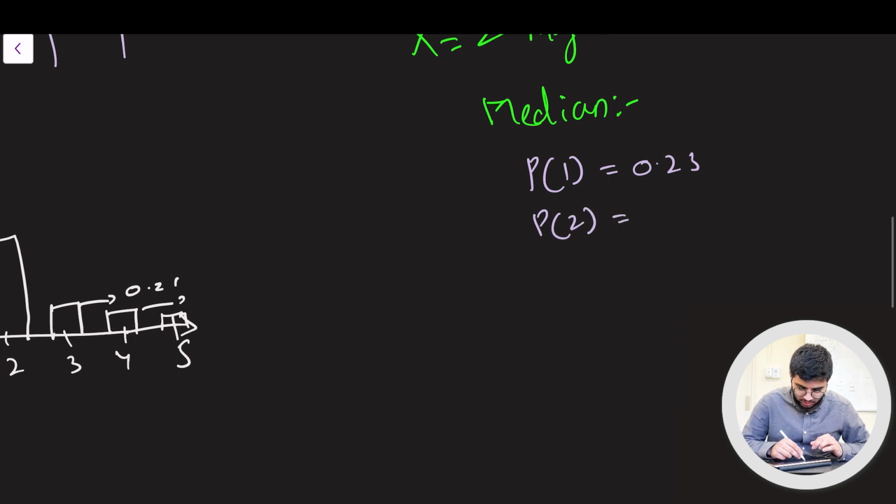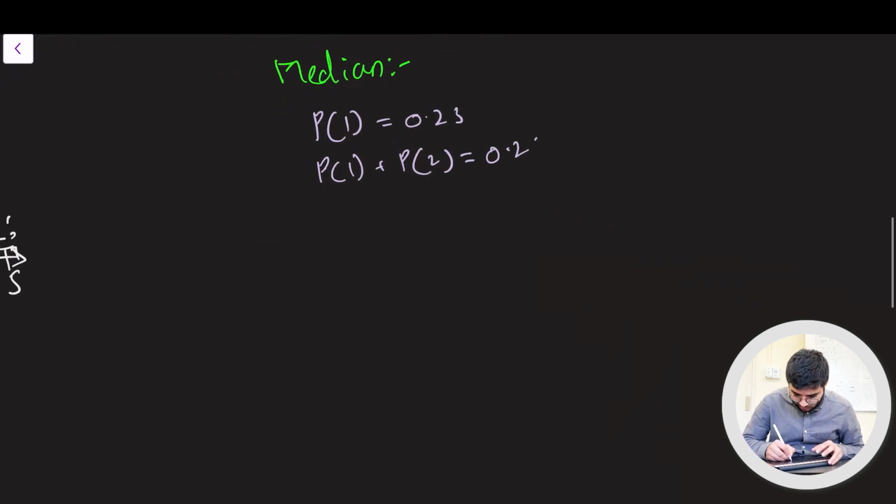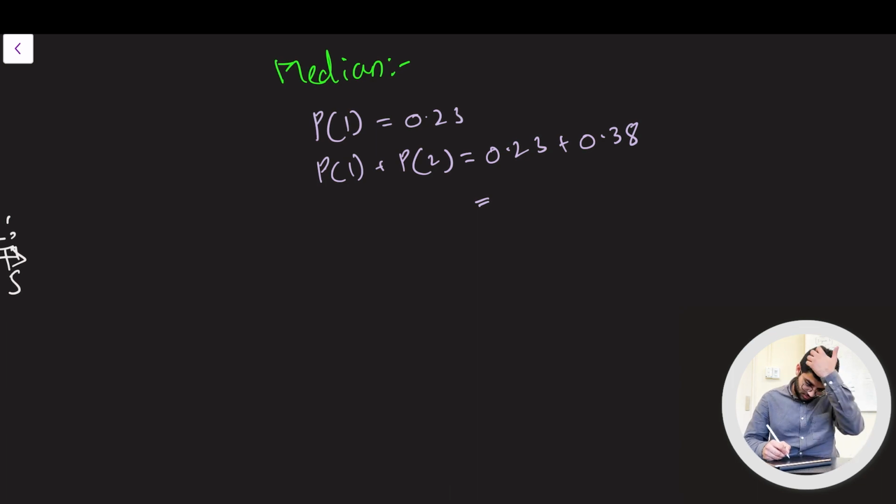P2, sorry, I keep making that mistake, but that is okay. P1 plus P2 is equal to 0.23 plus 0.38. And would you look at that? We already have something that's greater than 0.5.